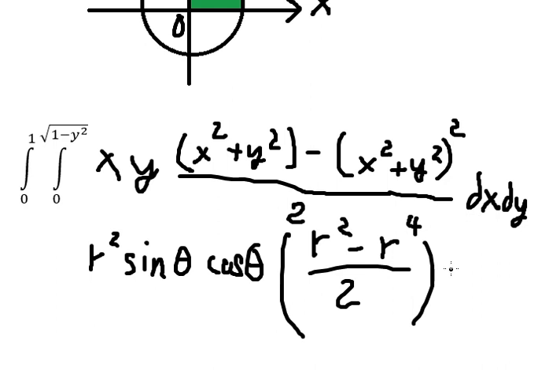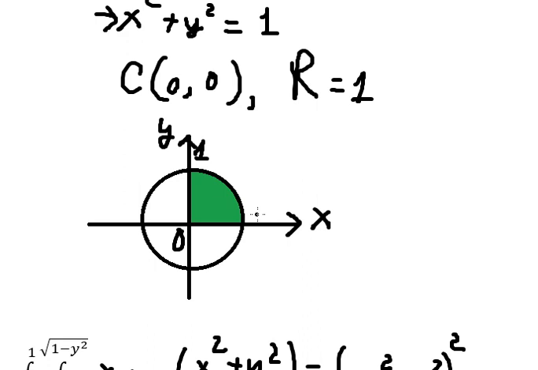This one is r dr d theta. About dr, that is from 0 to 1, because this is the radius of the circle. About theta, we can see that we start at 0 and we stop at pi over 2 in here.